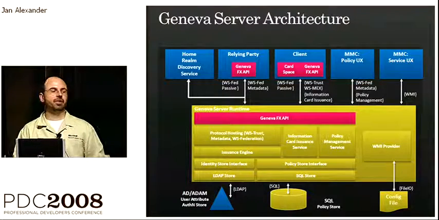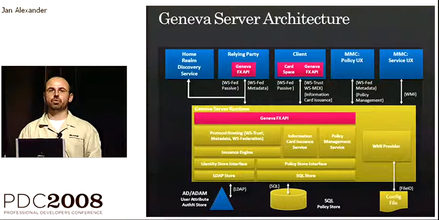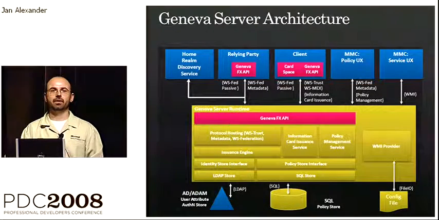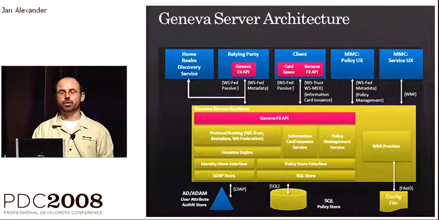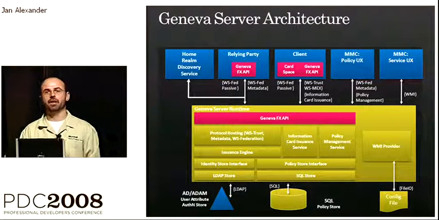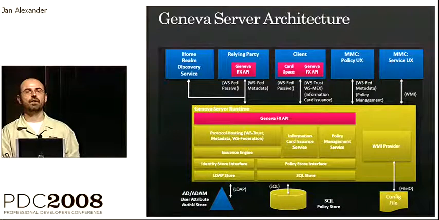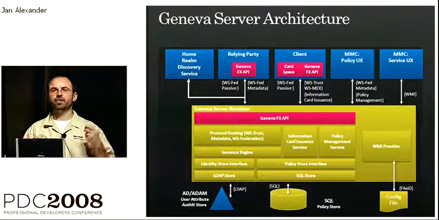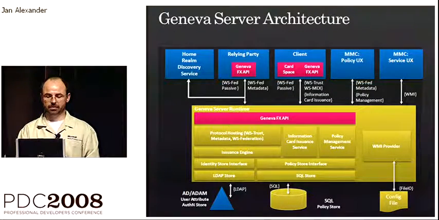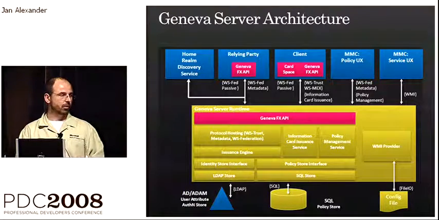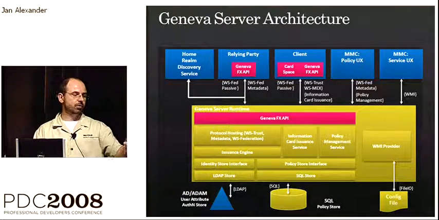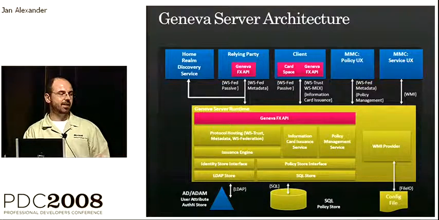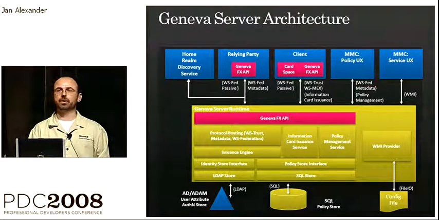Unfortunately, we don't have enough time in this venue to show it to you here, but we have a nice hands-on lab down there where all the bits I'm showing are installed and you can play with them. There is a hands-on lab guide that actually guides you through it, and you can try to build your custom STSs as well. And as you can see, we use SQL for the policy store, and we use LDAP and support AD and ADAM for user attributes and authentication stores.